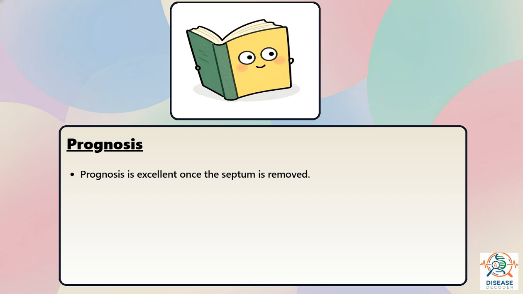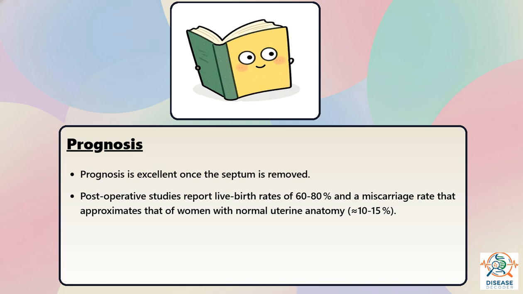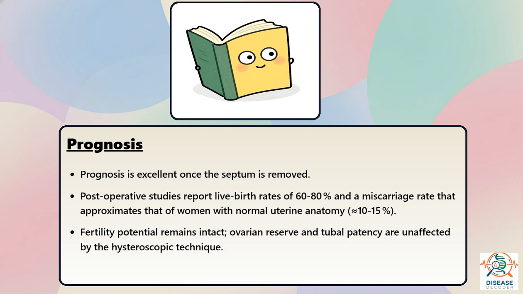Prognosis is excellent once the septum is removed. Post-operative studies report live birth rates of 60 to 80% and a miscarriage rate that approximates that of women with normal uterine anatomy, 10 to 15%. Fertility potential remains intact. Ovarian reserve and tubal patency are unaffected by the hysteroscopic technique.